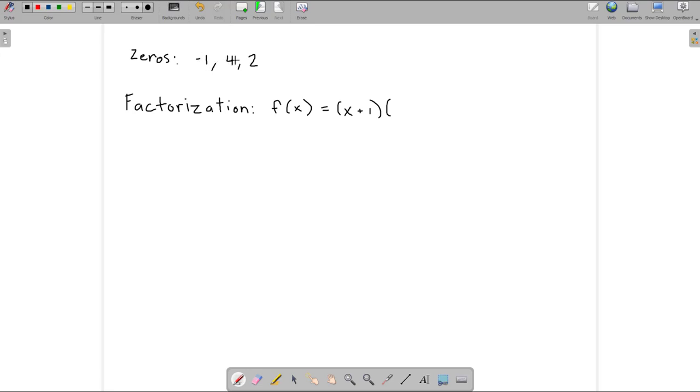So x plus 1, x minus 4, and x minus 2. So the zeros list and the factorization of f of x.